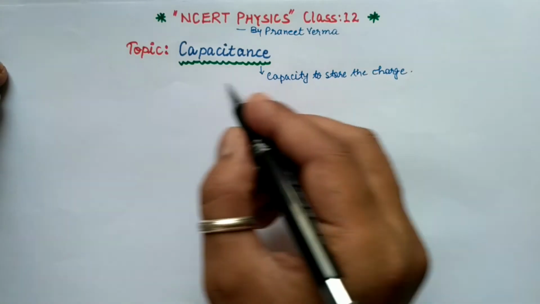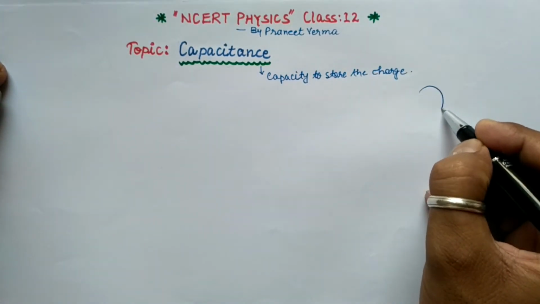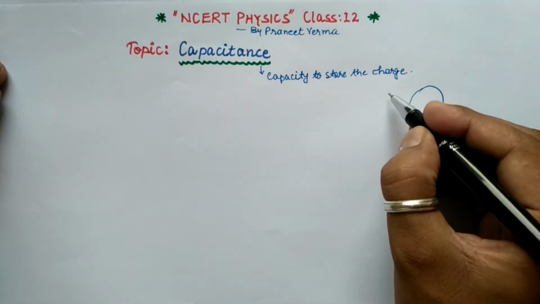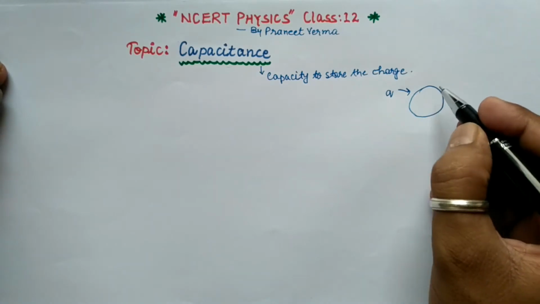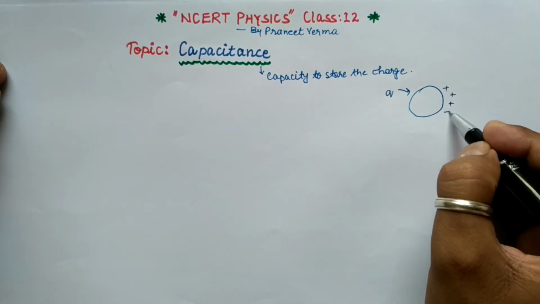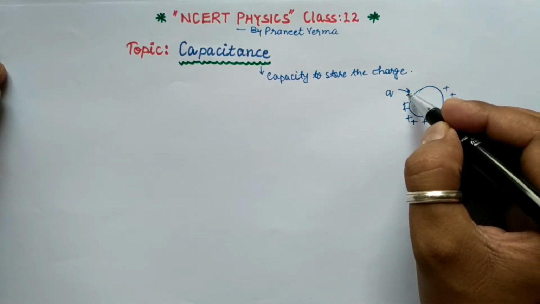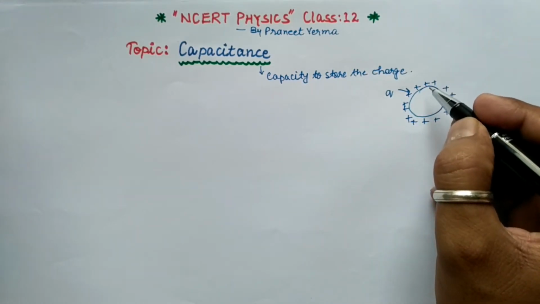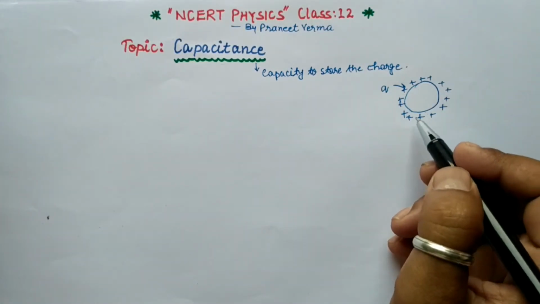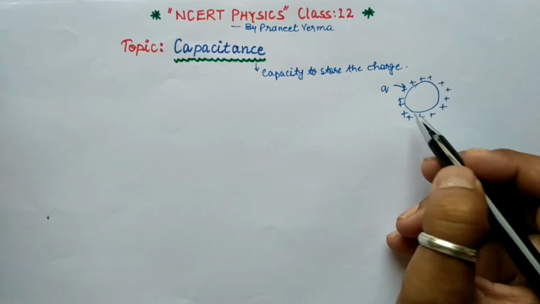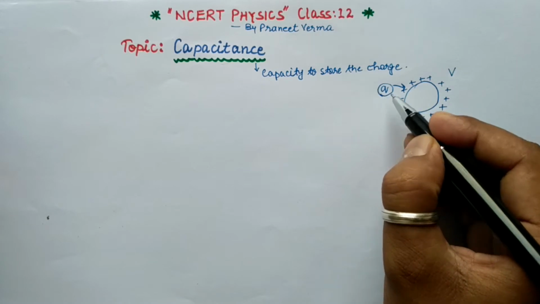Actually, when a charge Q is given to a conductor, it spreads over the outer surface of the conductor. Okay, and the whole conductor comes to the same potential capital V due to this charge.